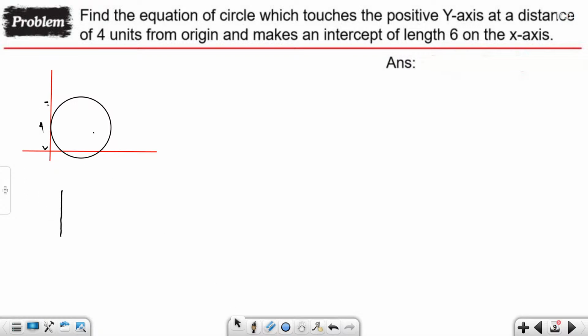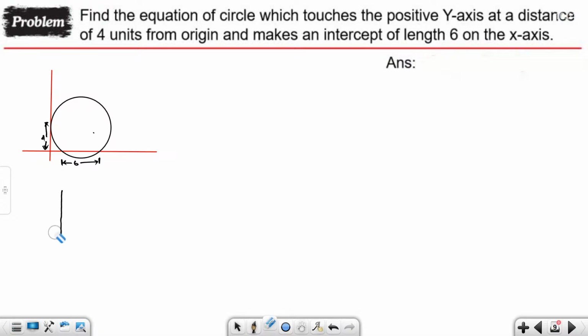The distance will be this one. So this distance is 4, and this length is 6. Is this clear to all?